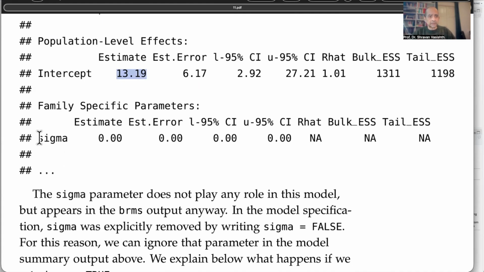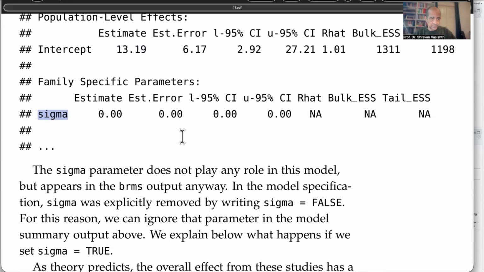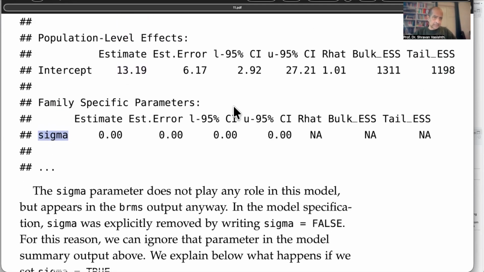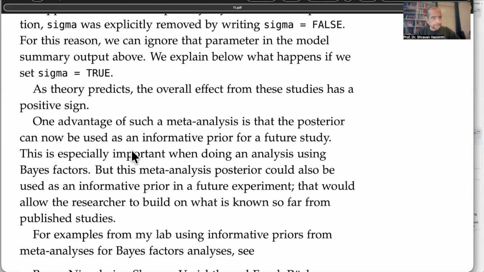They could have removed sigma, but I guess the author of BRMS, Paul Bürkner, decided to keep the output present, but this is not doing any work here. So there are no samples for sigma because it's not a parameter in the model. So this is just kind of a spurious output here, okay? So don't be confused by that.